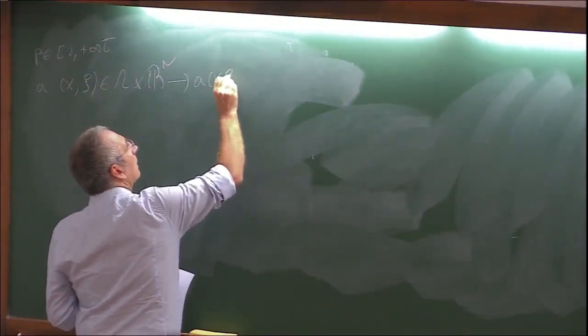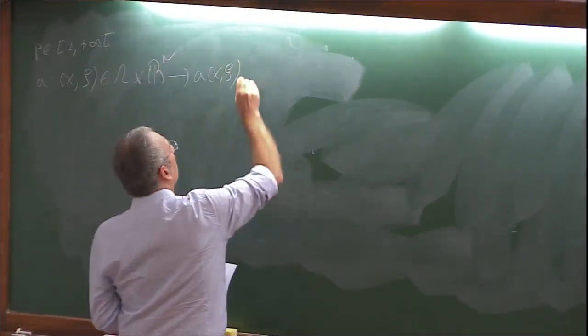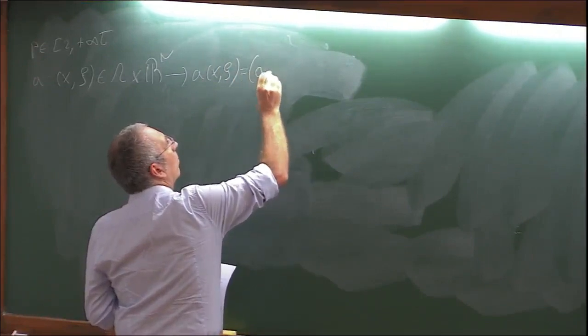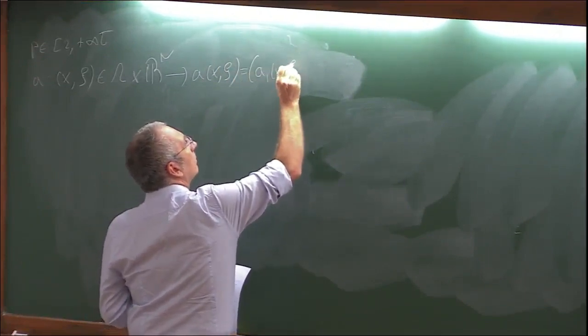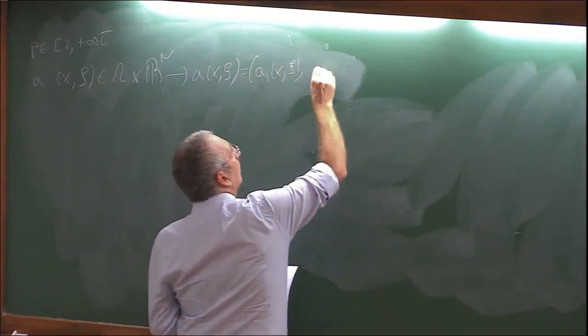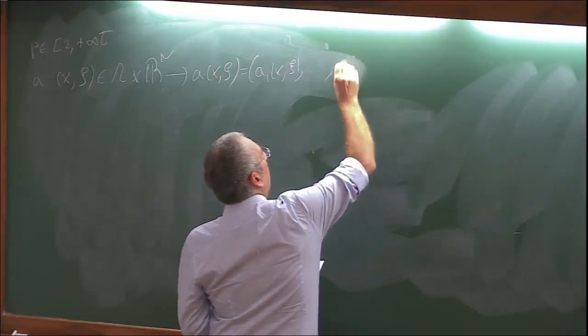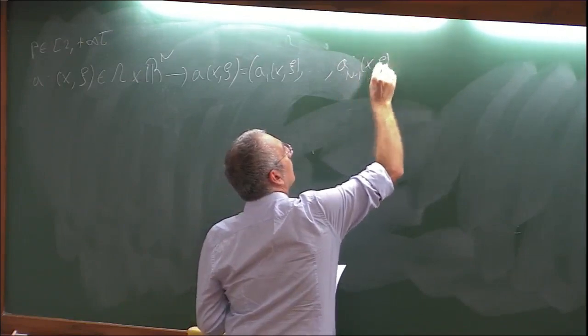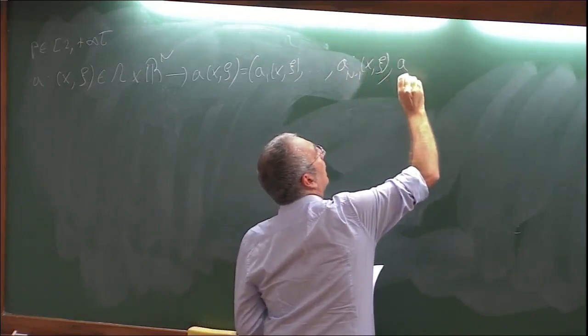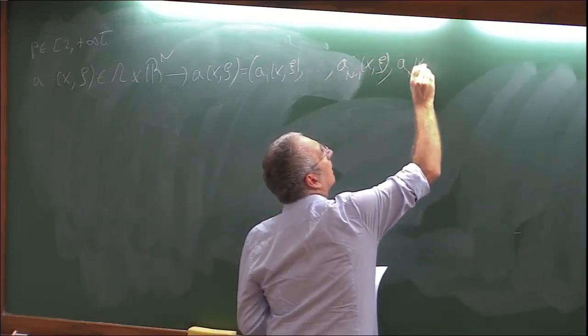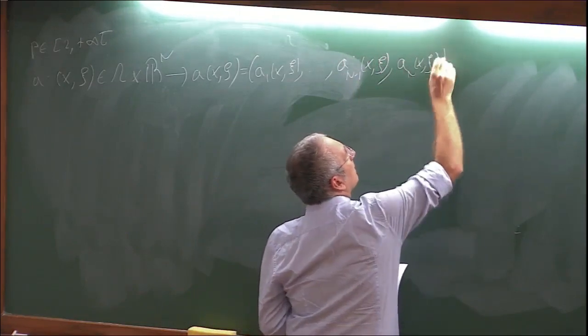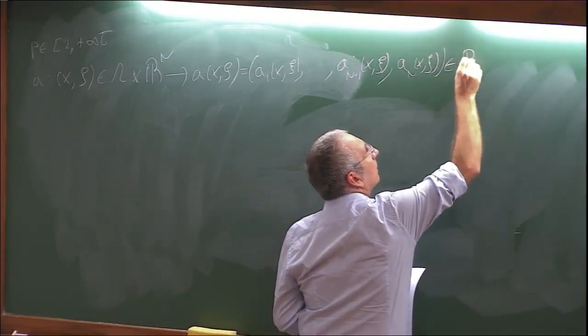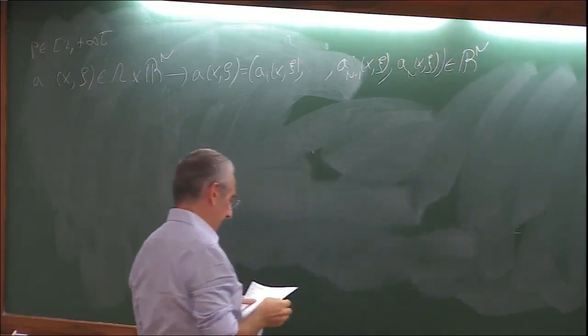A of x, c is equal to (A1 of x, c, ..., A_{n-1} of x, c, A_n of x, c), which belongs to R^n.